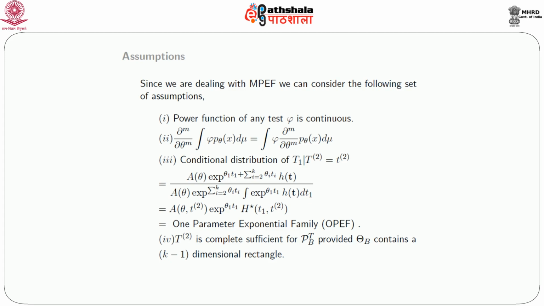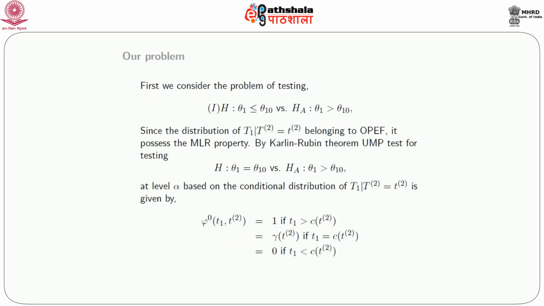First, we consider the problem of testing H: theta 1 less than or equal to theta 1 naught versus H a: theta 1 greater than theta 1 naught. Since the conditional distribution of T1 given T upper 2 belongs to one parameter exponential family, it possesses the MLR property.